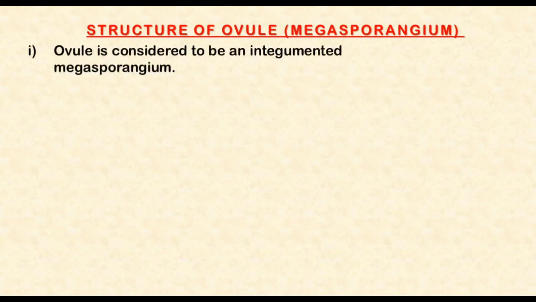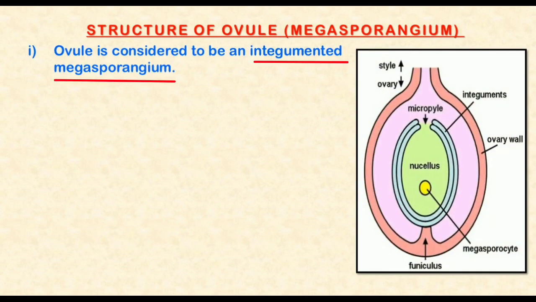Now the structure of ovule. Ovule is considered to be an integumented megasporangium. Here you can see that the ovule is present in the center, and the outer integument and inner integument are present.